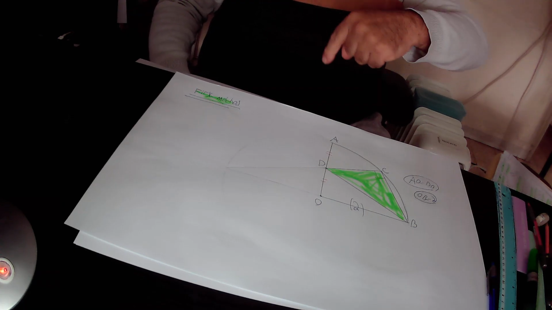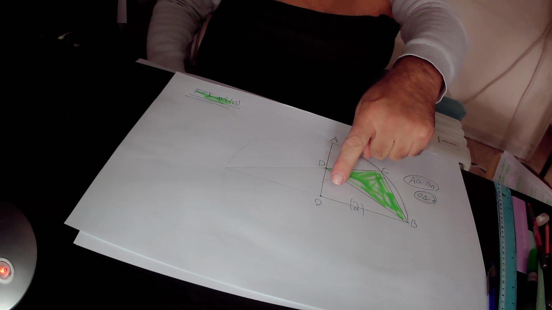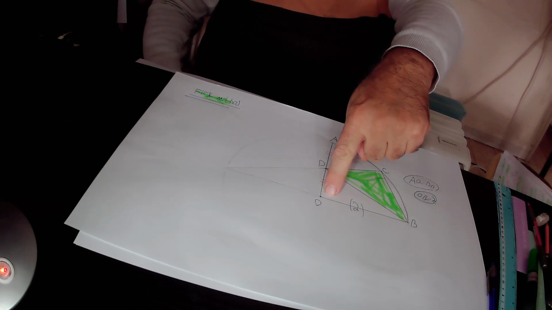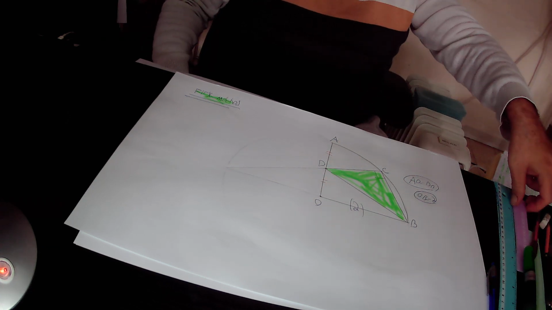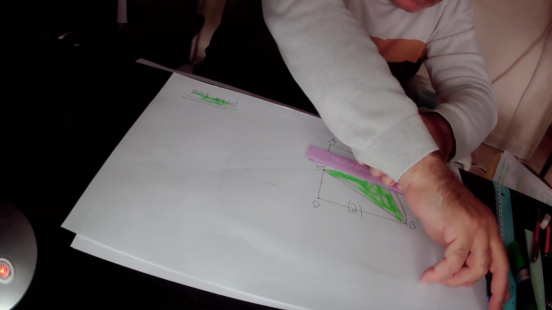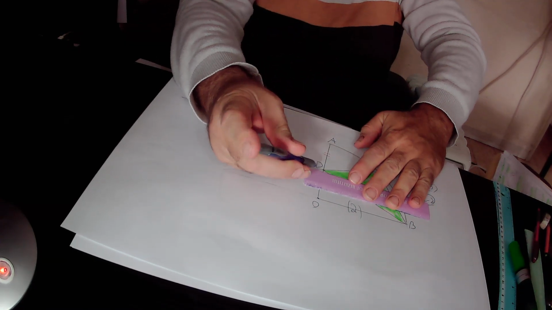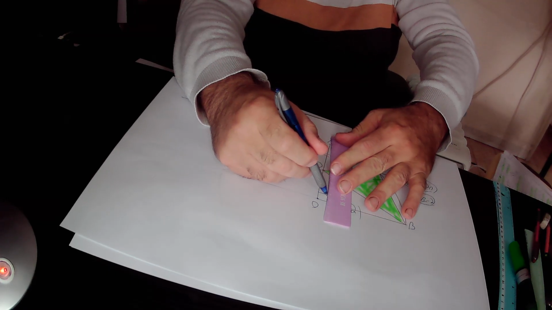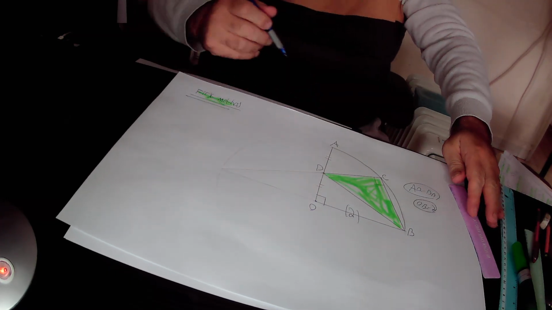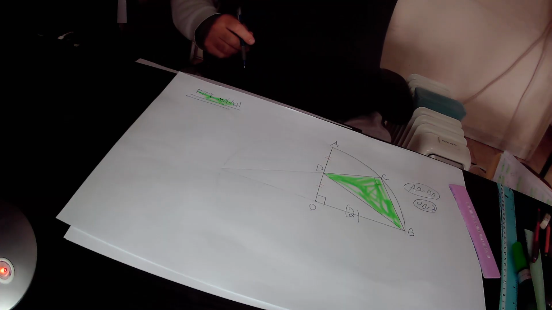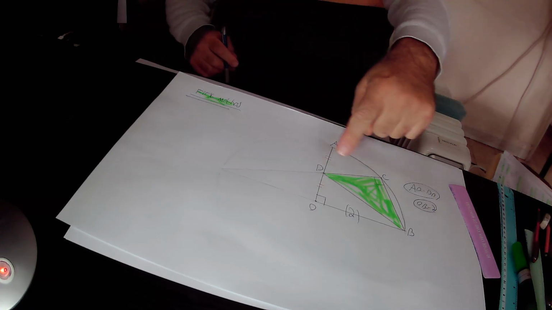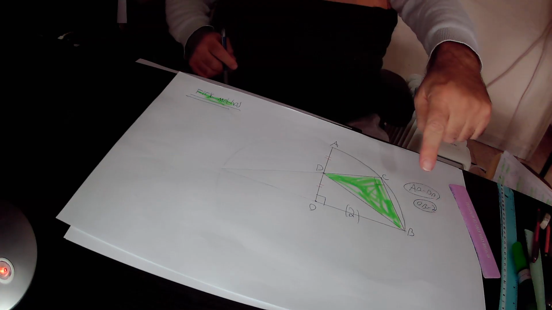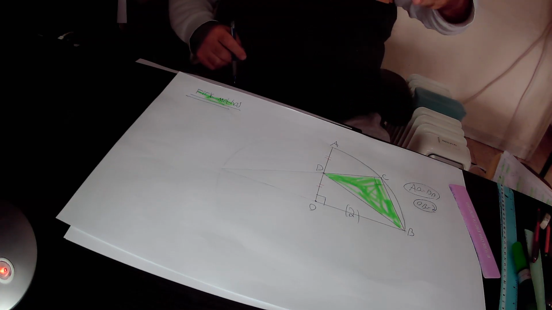First of all, AOB is a quarter circle, and therefore angle AOB is the right angle. In addition, in quarter circle AOB, OB and OA are both radii.